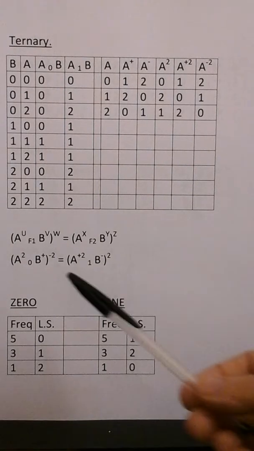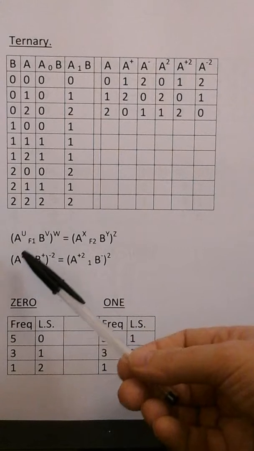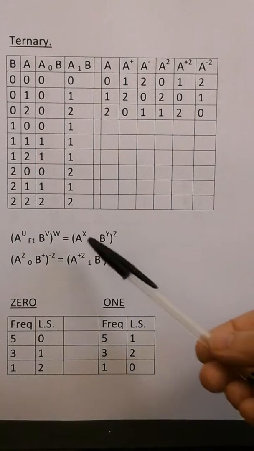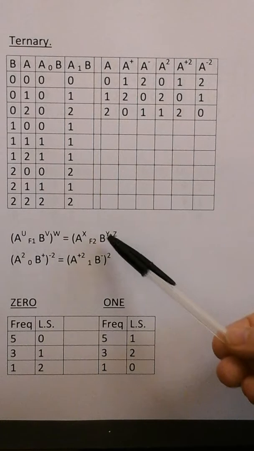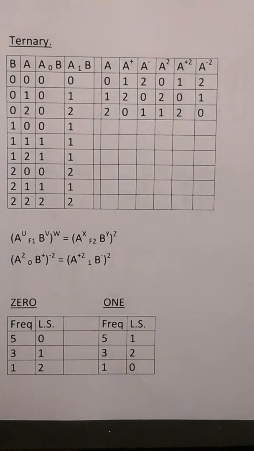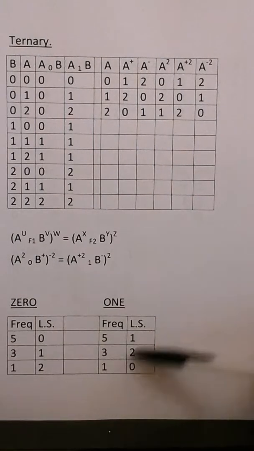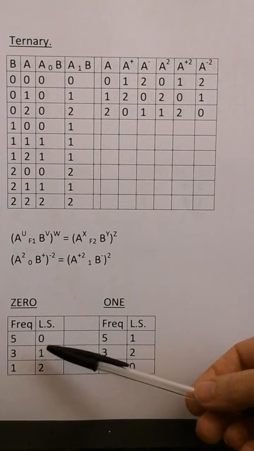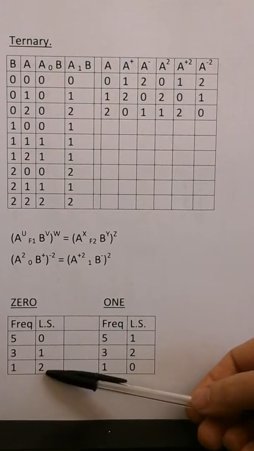So if we know the value of AU, F1, F2, BV and W, we can work out what AX, BY and Z is. So here we have the frequency tables for the 0 function and the 1 function. The 0 function has 5 zeros, 3 ones and 1 two.